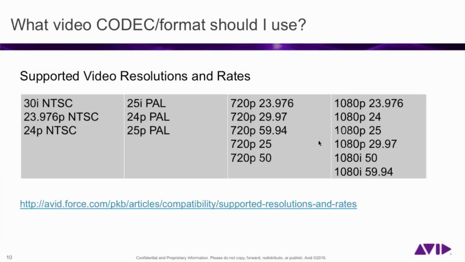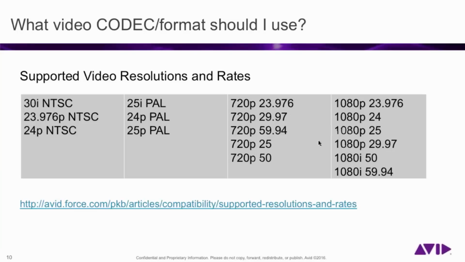What is important here is that when working with video in Pro Tools, we need to conform to one of these standards. If we just record a video on our phone, and it has a frame rate of 15 frames or something non-standard, a random resolution, Pro Tools will not like that. It may not even play it back. So at that stage, we have to re-encode it into one of the standard formats.